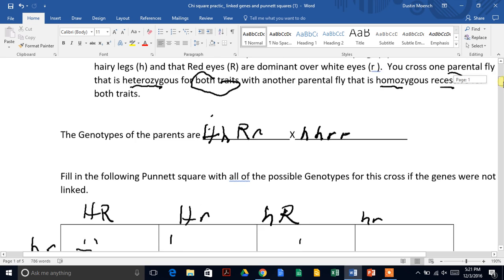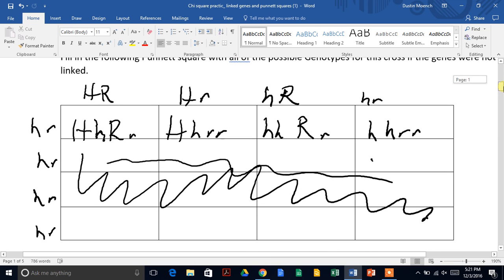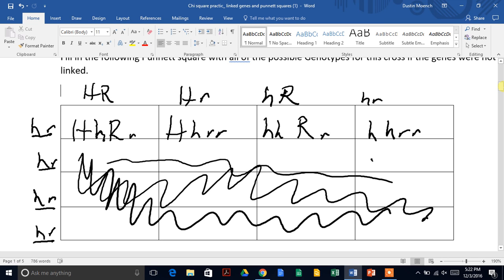So I put the heterozygous for both along the top, homozygous recessive along the side. And since the homozygous recessive parent can only contribute a recessive allele for both genes, all 4 of their gametes are going to be the same, which means if we figure out one row, all the other 3 will be the same. So we can actually just cross out these other columns and just figure these out.